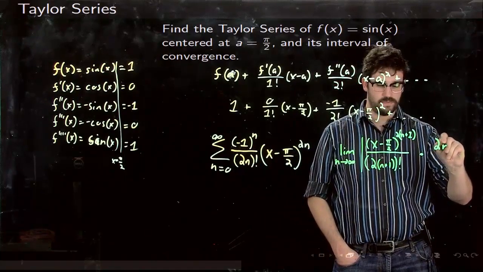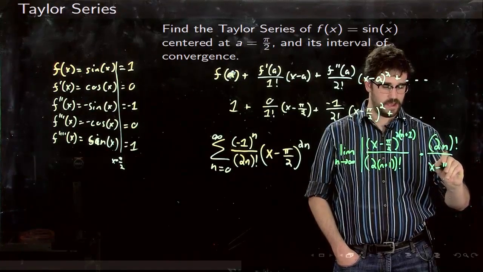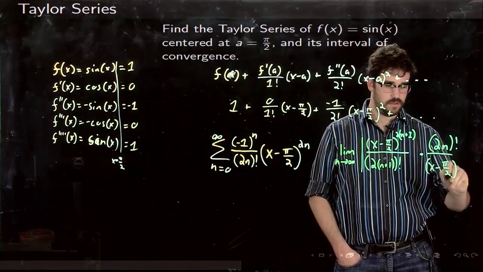So we get 2n factorial over x minus pi over 2 all to the 2n.